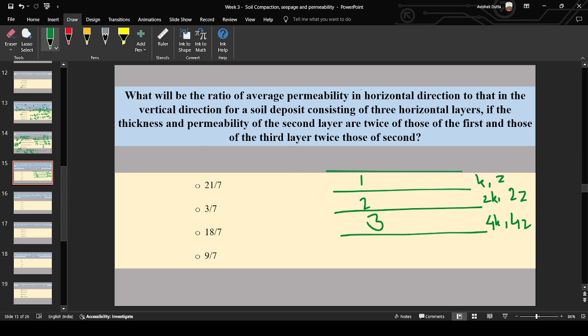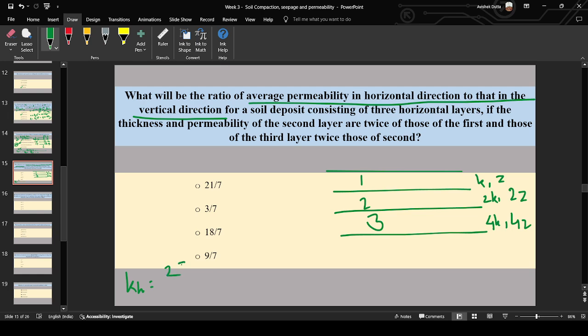To find out the ratio of the average permeability in horizontal to that in the vertical direction, you use the formula first. So KH equals the arithmetic mean: K1Z1, K2Z2, K3Z3. It is KZ plus 4KZ plus 16KZ. So 1 plus 4 plus 16, it is giving us a value of 21KZ.